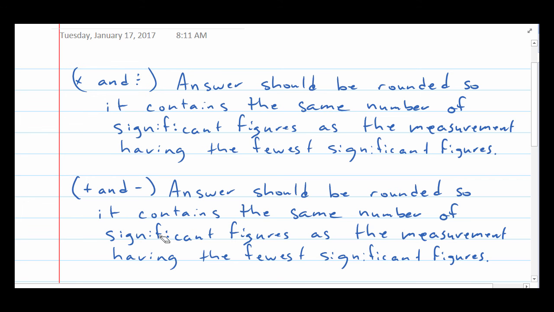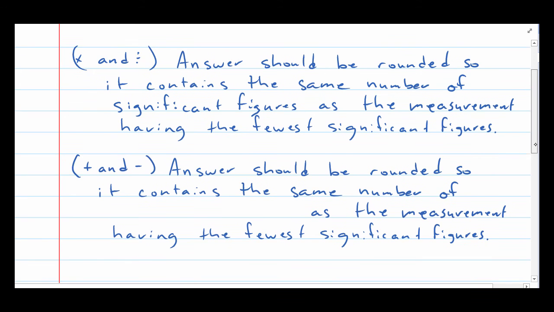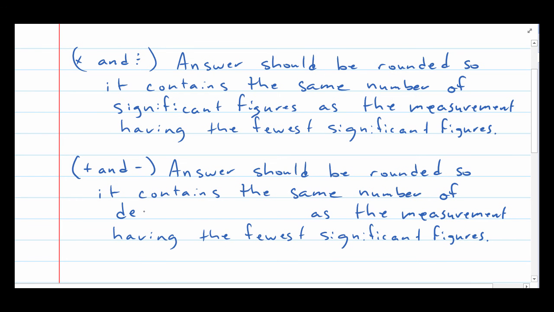Well, this is where it goes back to probably what you're more familiar with. I'm going to get rid of significant figures and replace it with decimal places. And we'll get rid of the significant figures here and we'll replace it with the word decimal places. See, now this is when you wish you had a tablet PC. Just copy and paste.